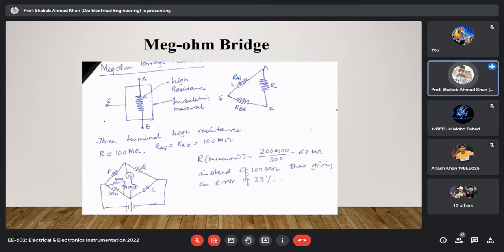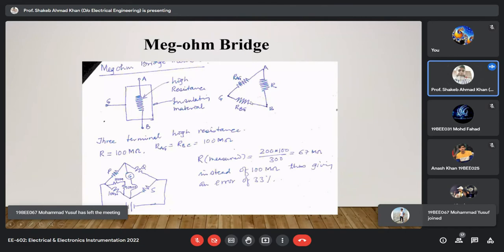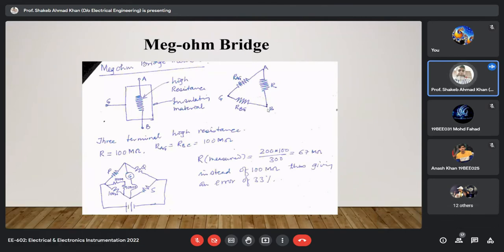So why is this guard terminal so important? Because the resistances between the guard terminal and the main terminals of the resistance are significant. If the guard terminal is not connected properly, then these resistances will have a significant effect on the measurement.